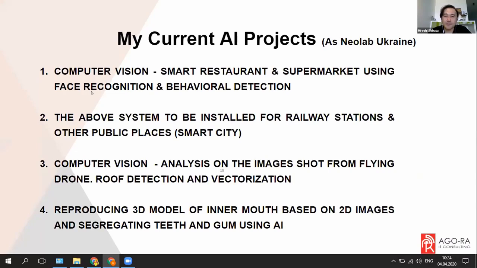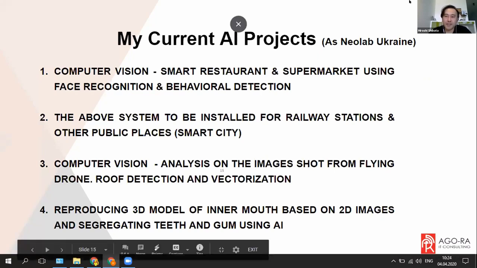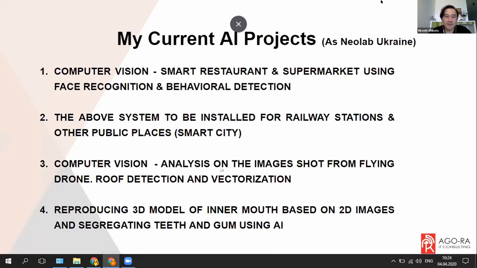And our current IT AI projects, I think Alexander has explained project number 3 just now. But our main focus right now is computer vision.